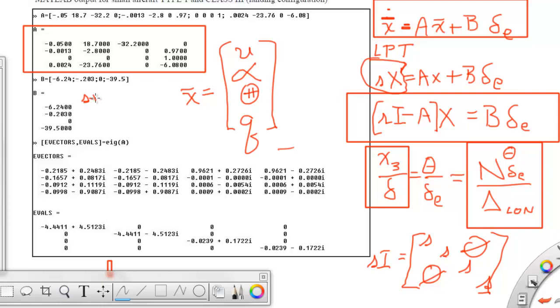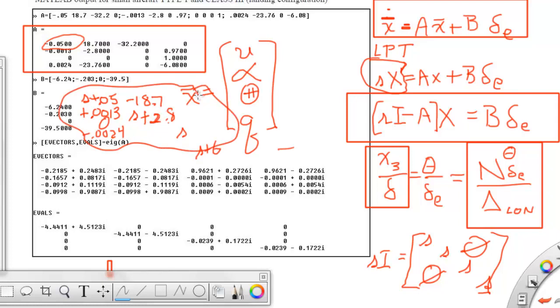All the off-diagonal terms would just be the negative of the A matrix: 18.7, then 0, then minus 0.0024, and I think you get the idea. The other diagonal terms are going to have s plus 2.8. That's how you make the sI minus A matrix.